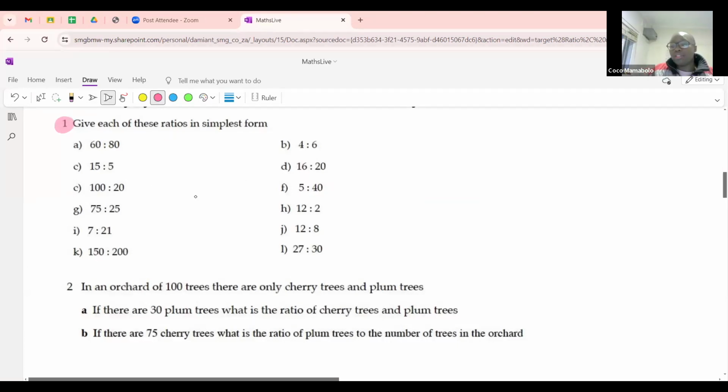I'm going to give you guys 6 minutes. That means you need to do 1 question in 30 seconds. All right, the instruction says, hold on, Uma. After you've done all 12, I want you to put your favorite emoji in the chat. So the question says, give these ratios in simplest form. You guys have 6 minutes. Ready? Go.